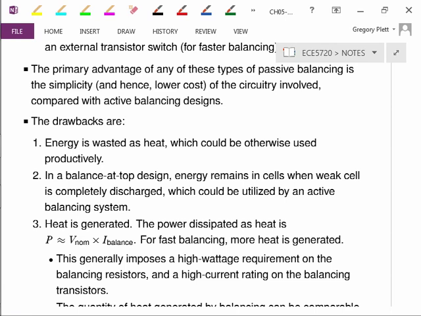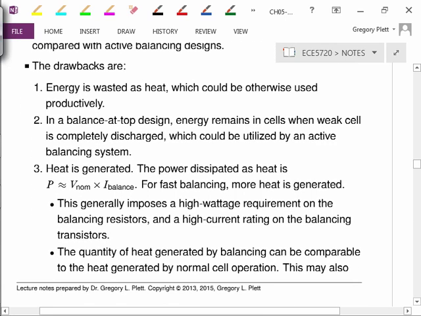So there are some drawbacks. The advantage of passive balancing is simplicity, but the drawbacks are listed here. One of them is that I'm wasting energy as heat, and I could be using this energy productively, or at least most of that energy productively, and that just seems wrong.